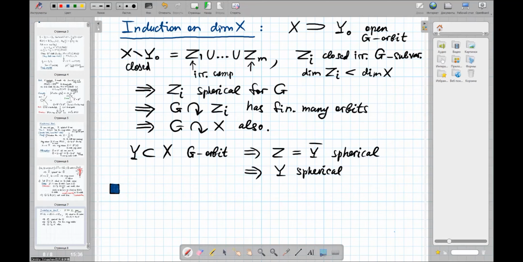They may not have the same dimension. Yes, of course, they may have different dimensions. They need not have the same dimension, and this is inessential for the proof. What is essential is that the dimension is always smaller than the dimension of X, because we argue by induction on dimension.